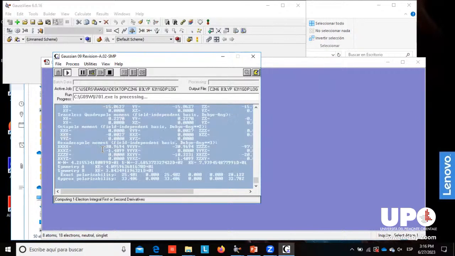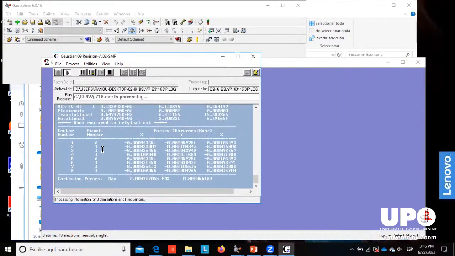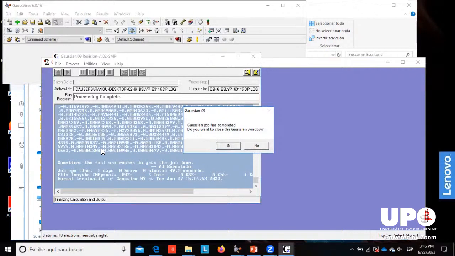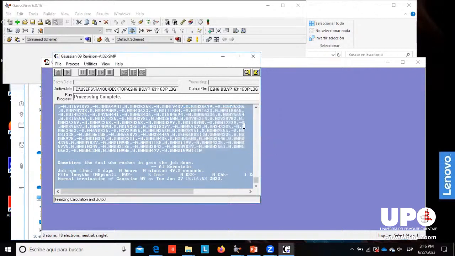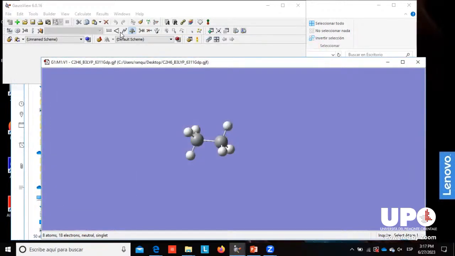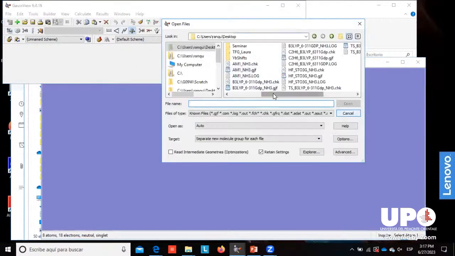Yeah, it's almost there. Okay, I got it finally. So now I open the log file and I just check that I got the optimized geometry, that I'm in a local minimum, right?